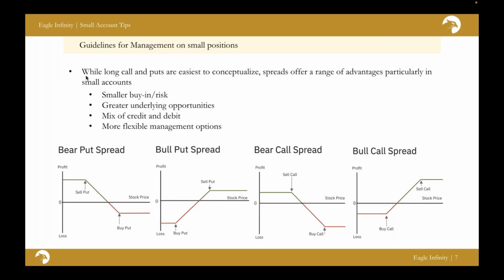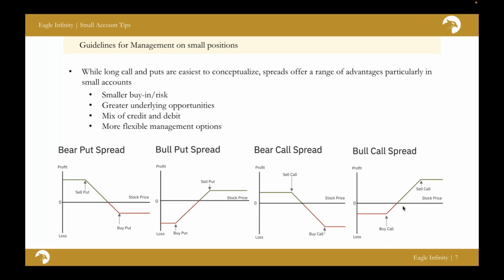So now, why are spreads particularly advantageous for small accounts? There's a few reasons for that. One, there's a smaller buy-in, an inherent risk in a spread, basically. So let's say we're looking at a bull call spread.